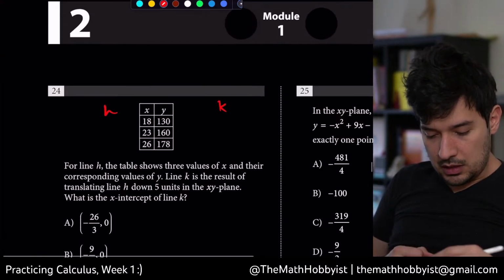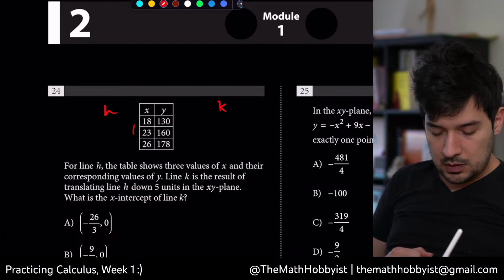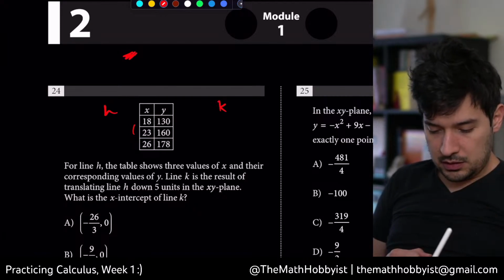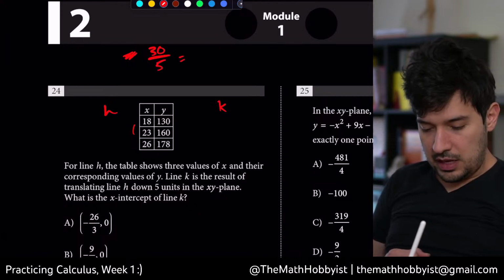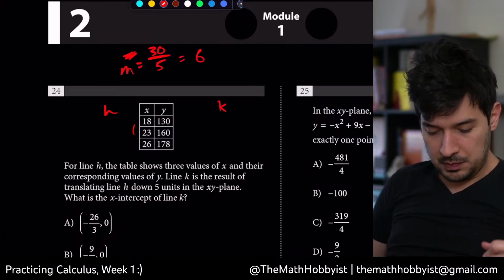So we're rising 30 units for every 5. So m, the slope of this line, is going to be 6.